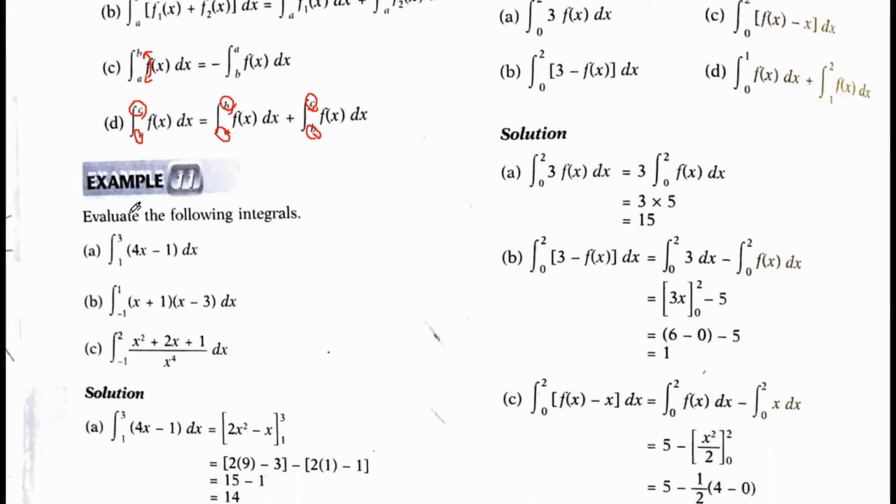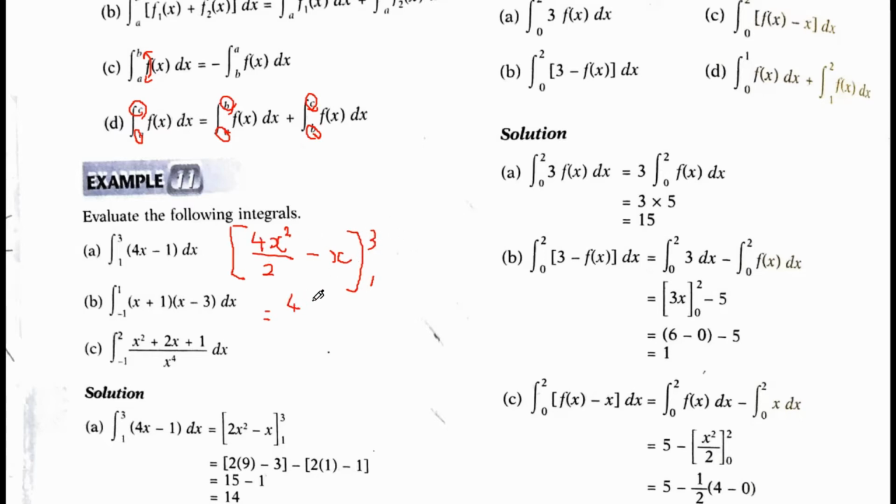Okay, so start from a. Integrate from 1 to 3 of 4x minus 1 dx. Okay, so we integrate 4x minus 1. 4x, so you have 4x squared over new power 2, minus, okay, integrate 1, you will have x. Then from 1 to 3. Okay, after that we just put the upper limit for the x here.